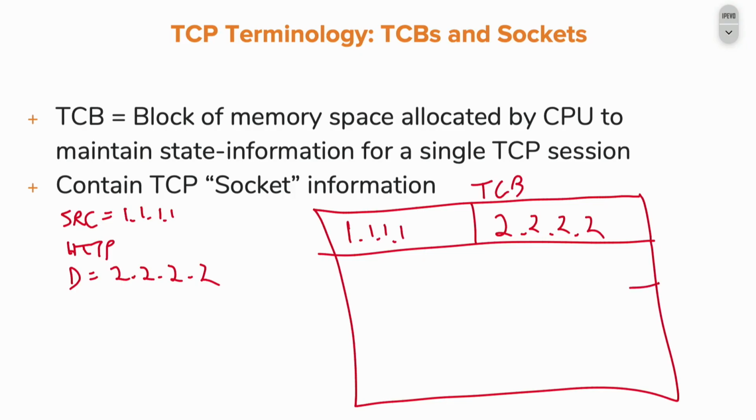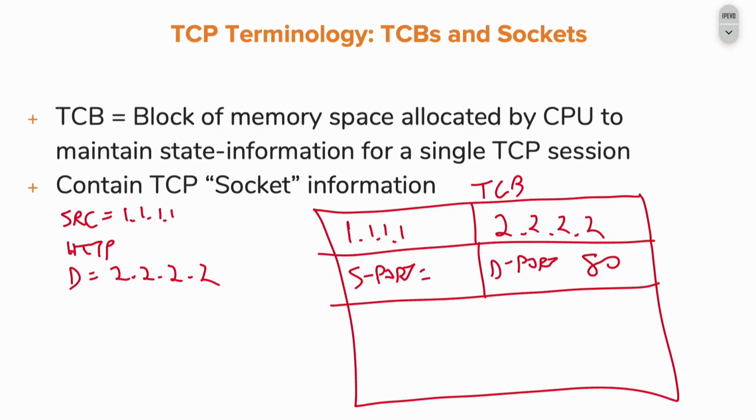Another part of that transmission control block is going to be the destination port number you're going to use, which in this case, if you're doing HTTP, is going to be port number 80. You're going to come up with a random source port number to keep track of this individual session of information, which might be 51002. So that's going to be in there.